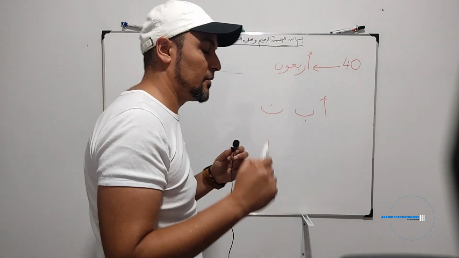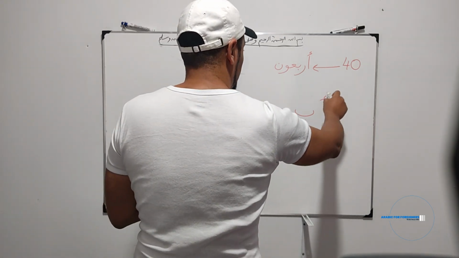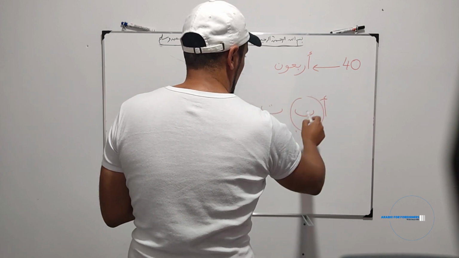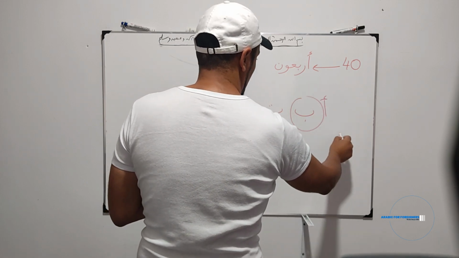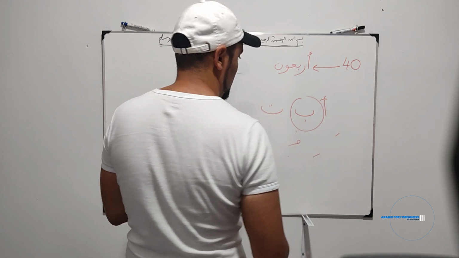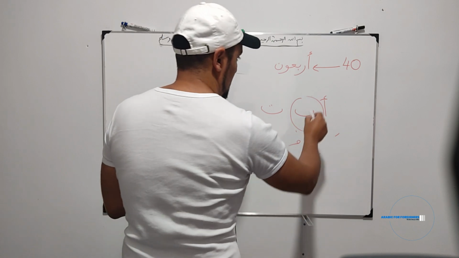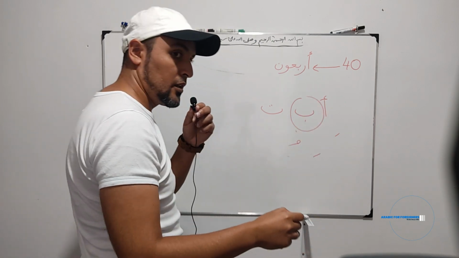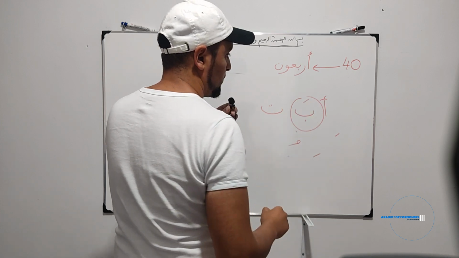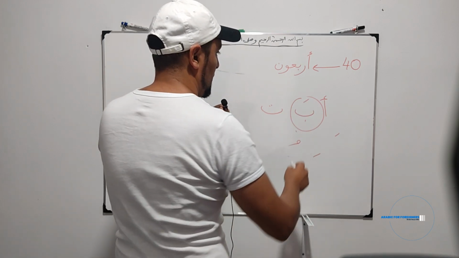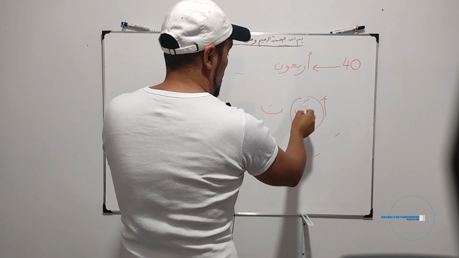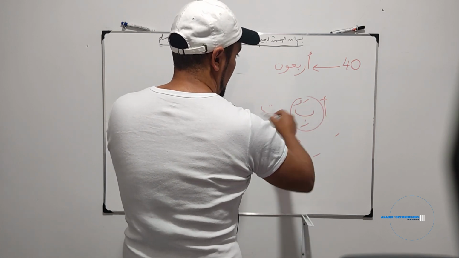So see here and notice, let's take this, okay? There is always this one. For example, it could be like that. It can be like that. Or it can be like that.